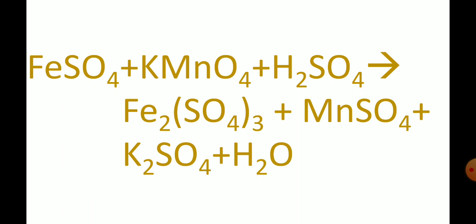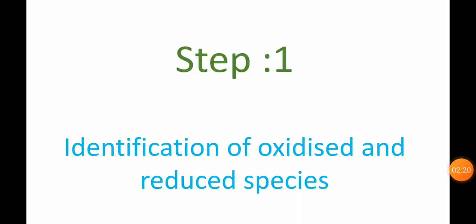Okay, dear students, how to balance this reaction step by step? Let us see now. This oxidation number method consists of 5 different steps, and let us see them. Okay, step number 1 is identification of oxidized and reduced species.